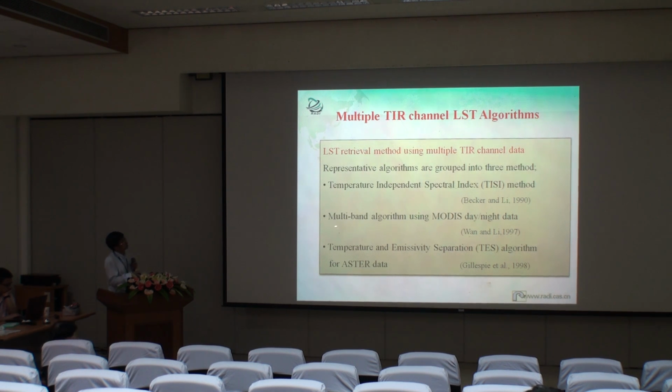And another one is the multi-band algorithm using multi-day and night times. These can also be used to retrieve the emissivity and the land surface temperature. Another kind of algorithm is for sensors such as ASTER, because we have several different bands. So we can use the temperature emissivity separation algorithm, TES, to retrieve the land surface temperature and the emissivity.